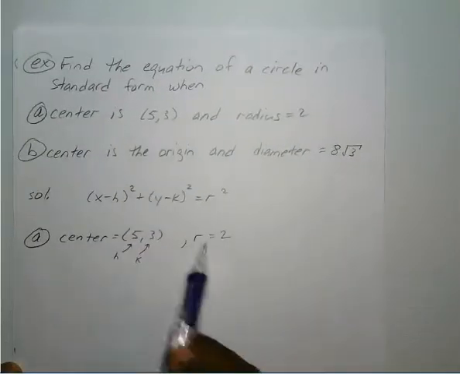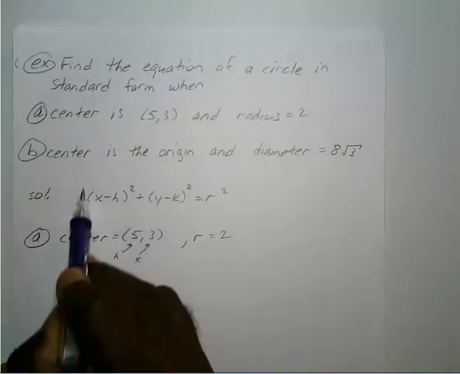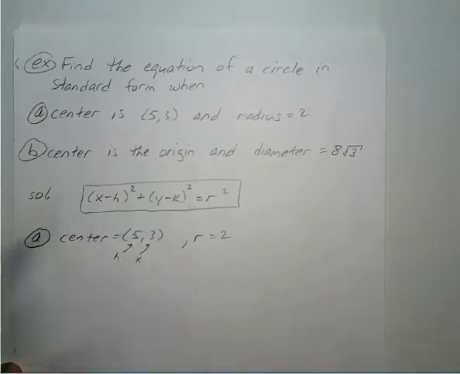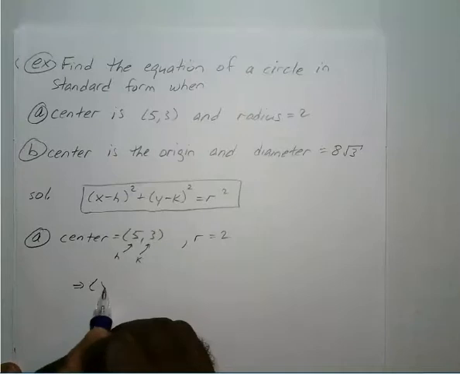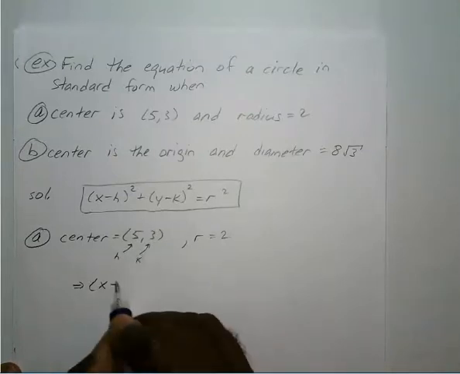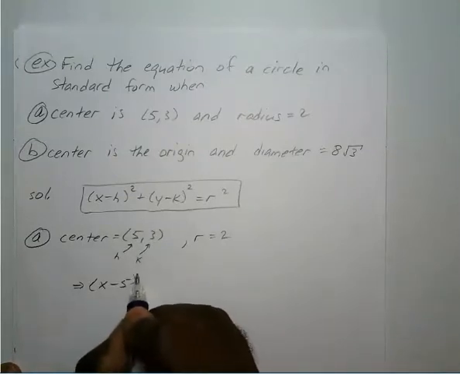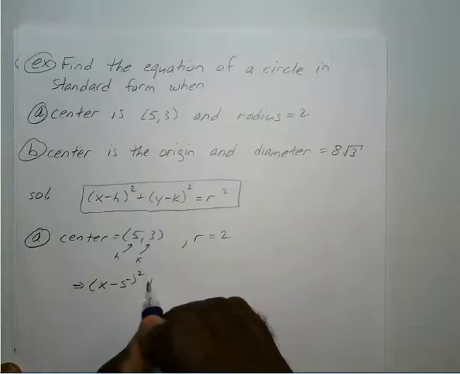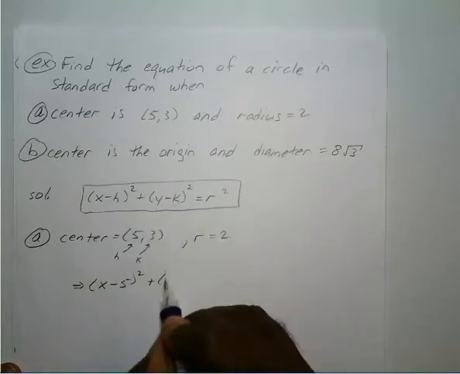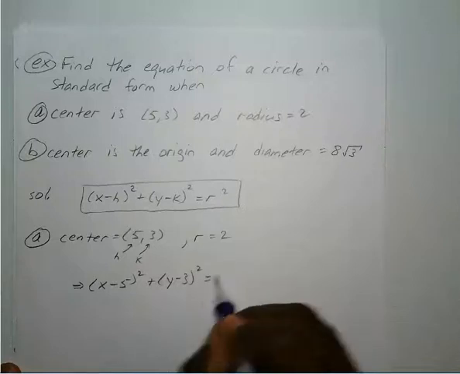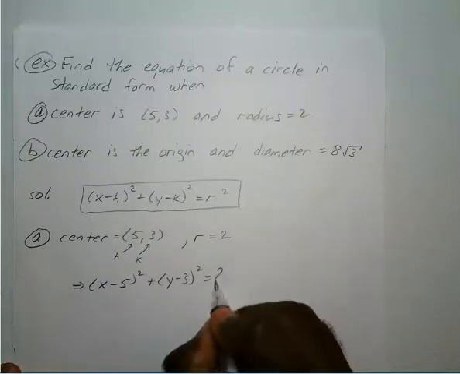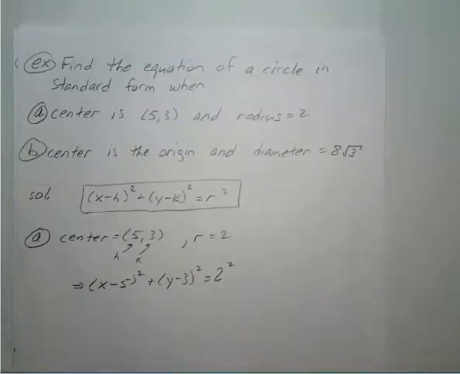So if we plug those into that formula, we have x minus 5 squared plus y minus 3 squared equals your radius squared, so that's 2 squared.